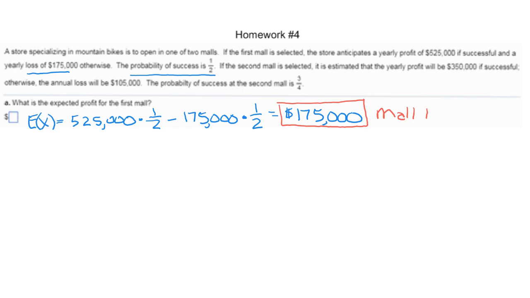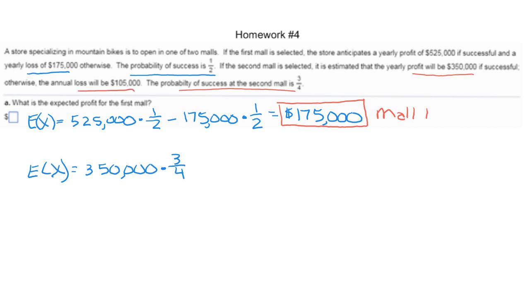Right, then we're going to go grab the expected profit for mall number 2. So mall number 2 states on there that we would have a profit of $350,000 if successful, and the probability for success is 3/4. And it says otherwise, there is a loss of $105,000.